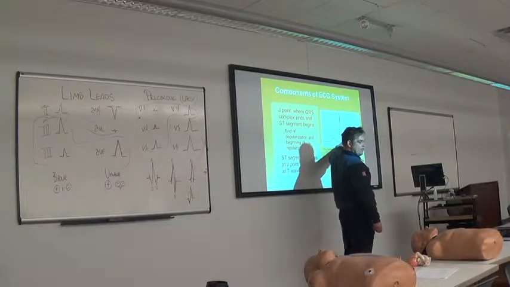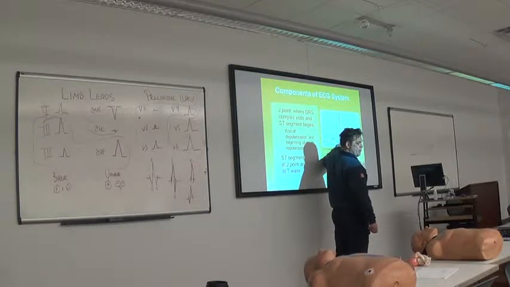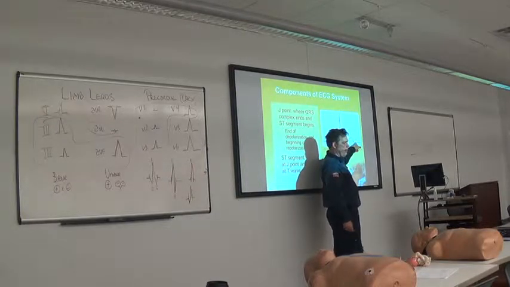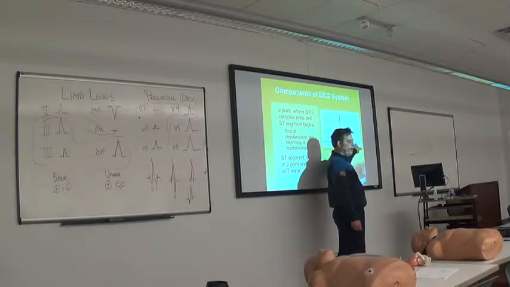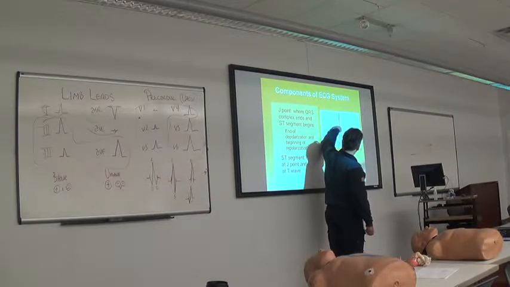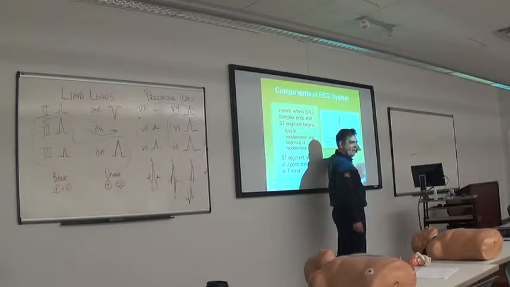Now the key to recognizing STEMI, ST elevation, or depression is this J point elevated above this line right here, the TP line. That's all I want to know. Is this stuff right here, this ST segment, this J point, up here in comparison to this line here?